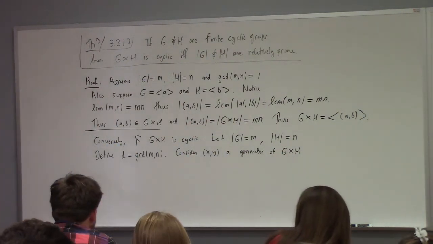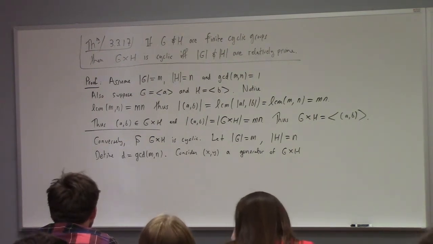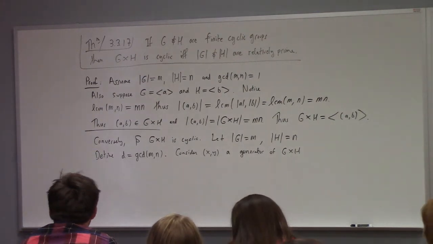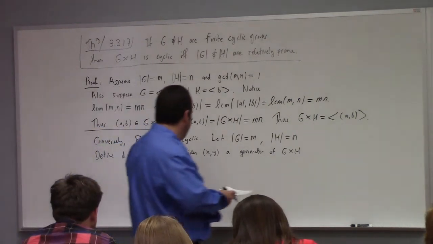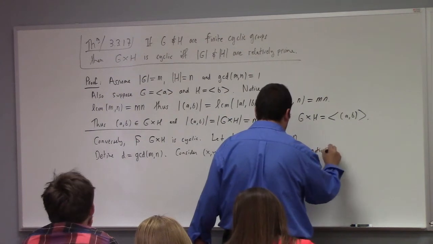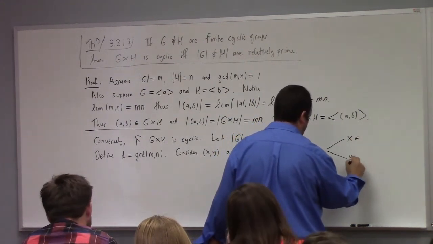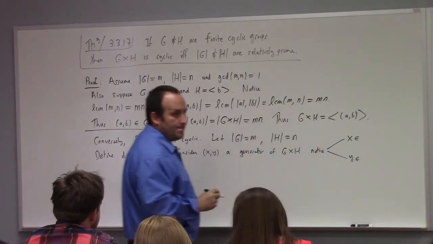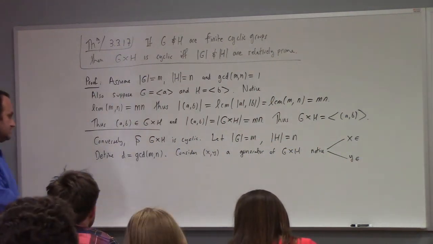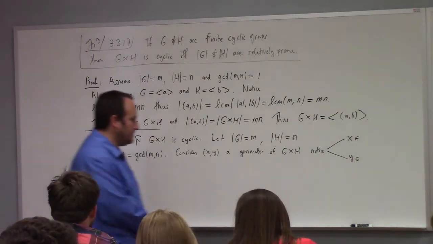So what does that mean? Does it exist? Why does a generator of G cross H exist? It's cyclic, right. So notice we have a couple things for this. x is where and y is where? x is in G and y is where?